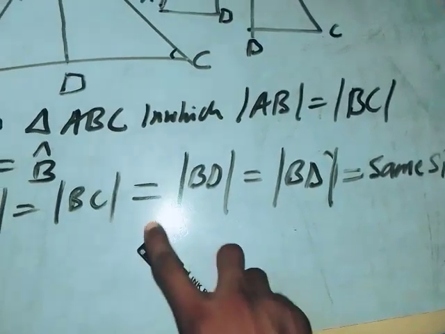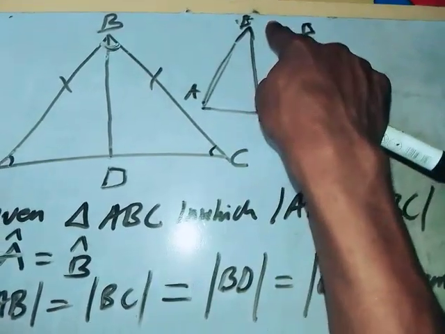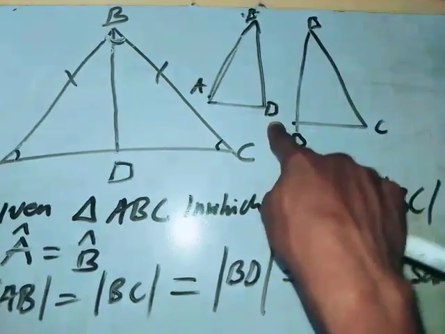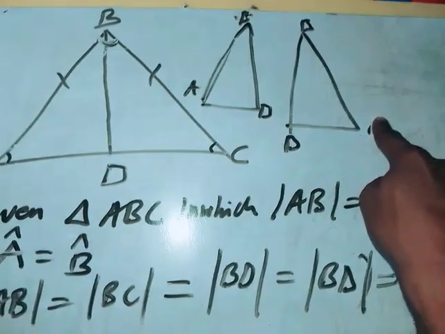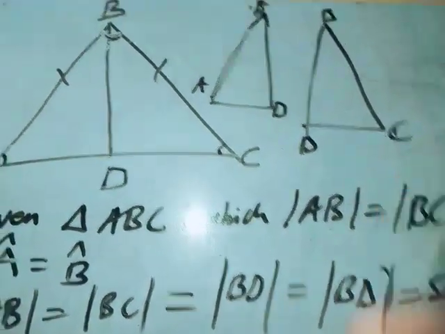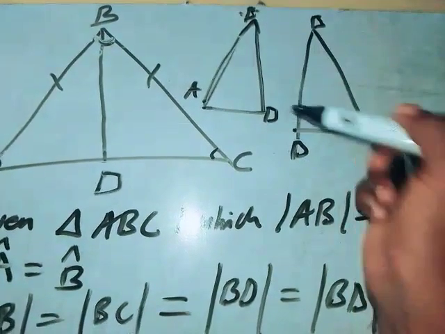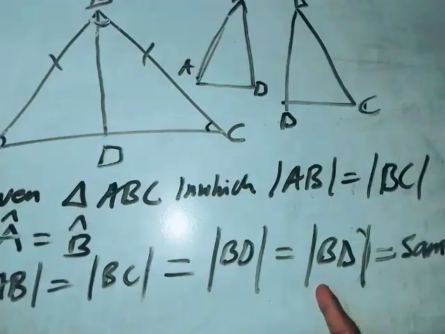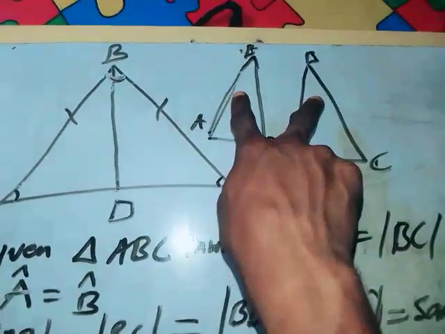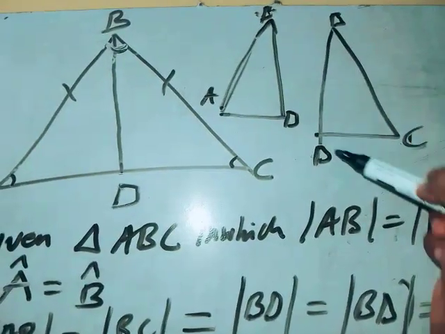Since I have divided this triangle into two equal parts, remember this is still point B to D, and this is C, sorry. This is point B to D. This is point B to D. So that is why this is equal to this, the same size, since I have divided this into two triangles, and we still have BD and BD.